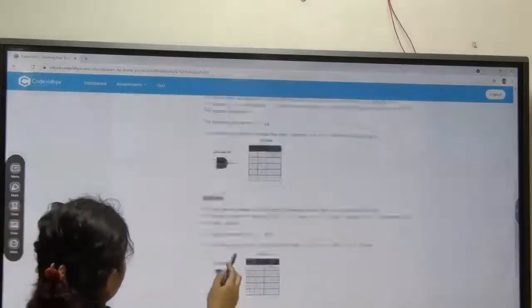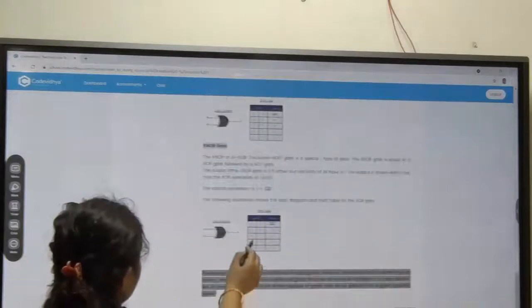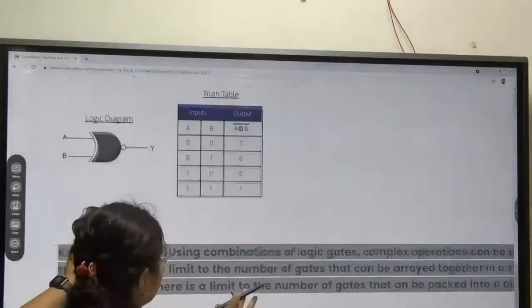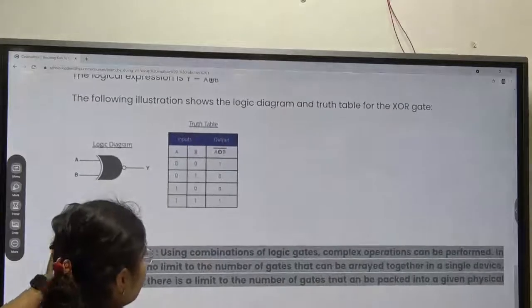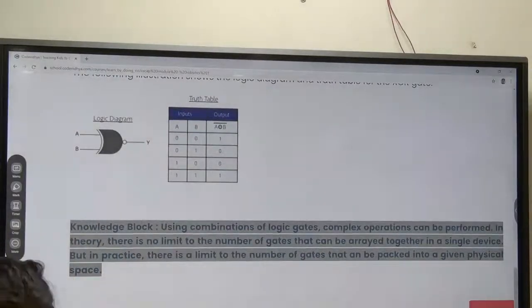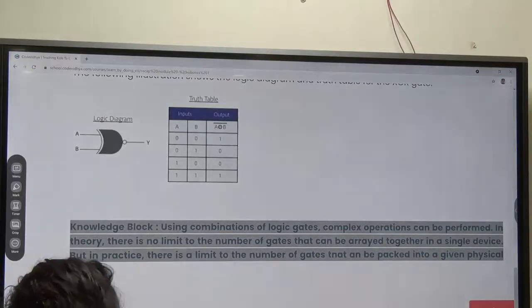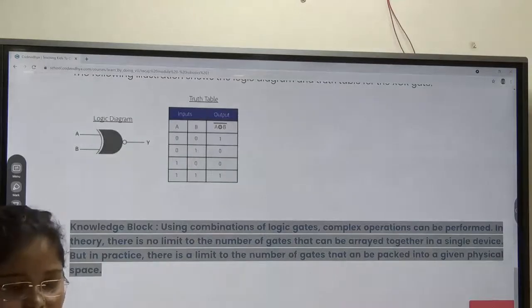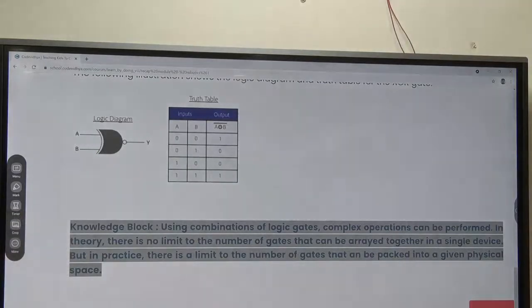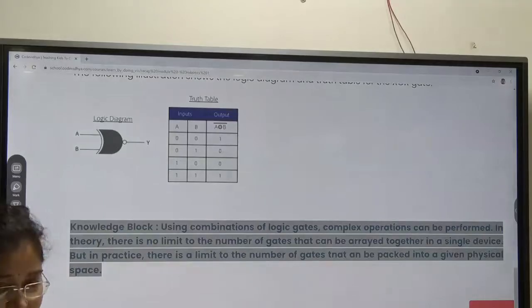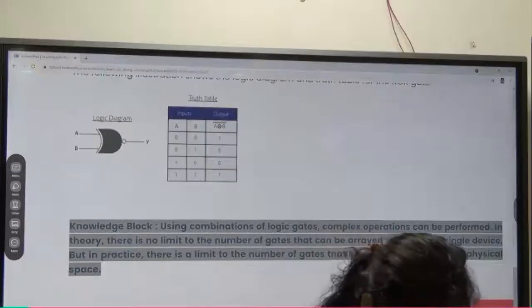Next, who wants to read? Knowledge block. Too many names I am getting. Aman. Yes, Aman, continue with the knowledge block. Ma'am, I do not see. You don't know the page number?